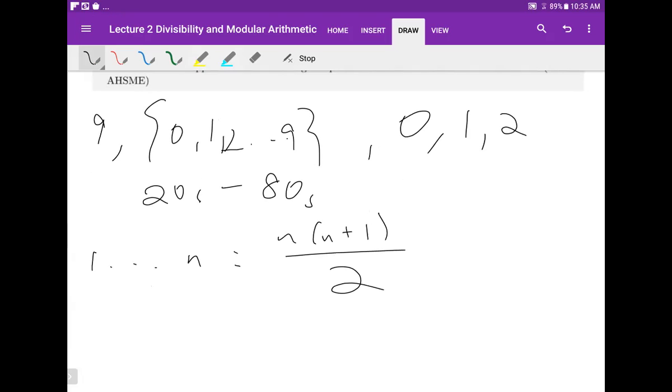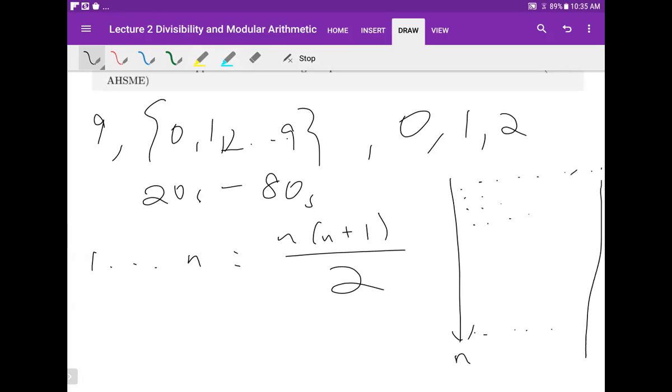So I'll just show you a visual representation of why this might work, right? If we draw some dots, 1, 2, 3, 4, and then we continue this all the way to n dots, right? Now consider that we flip this triangle and then we complete a rectangle with it, right?